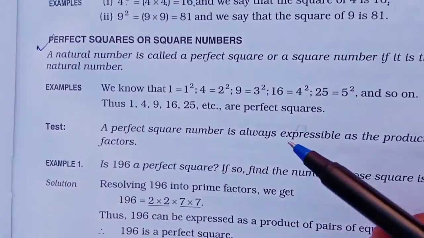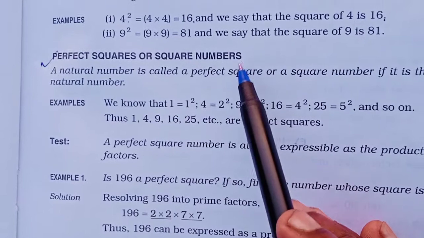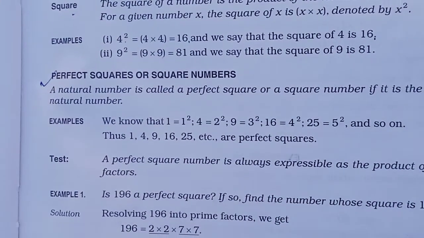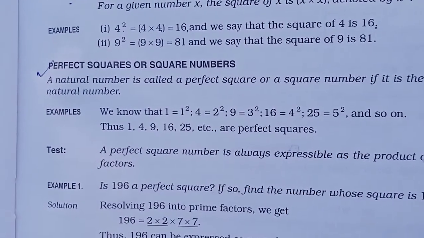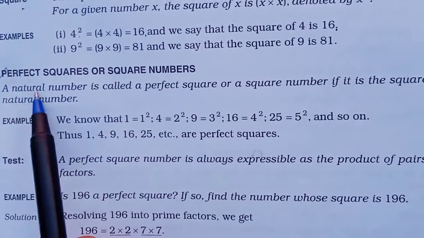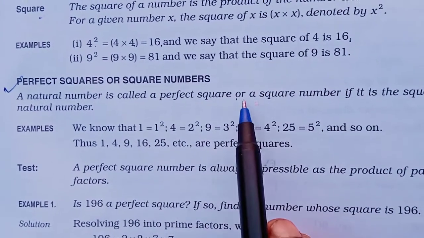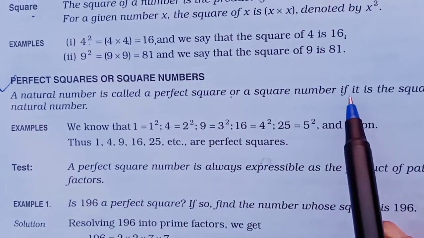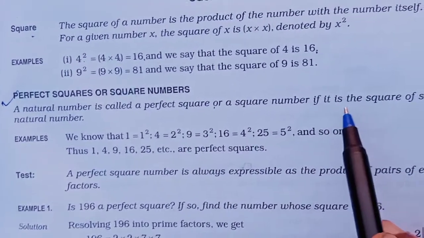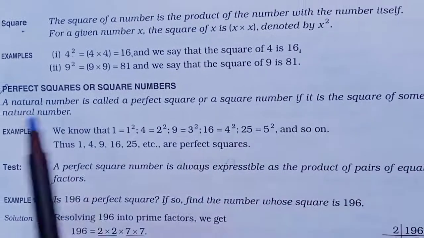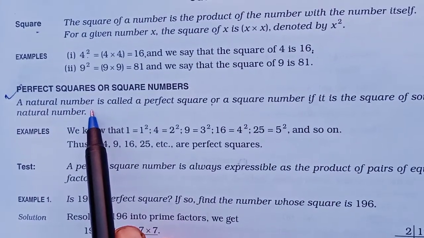Second, perfect squares are square numbers, means numbers which are perfect squares. A natural number is called a perfect square or a square number if it is the square of some natural number.